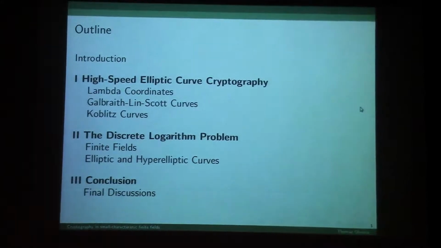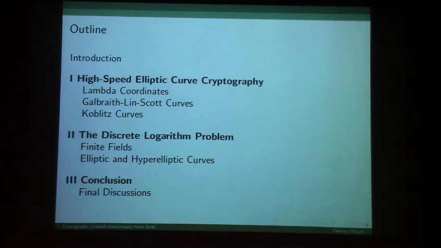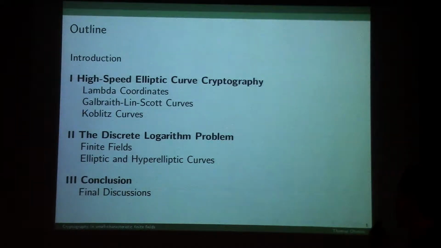Okay, so at first I will give an introduction about why we select these sub-areas, and then the first part, which is called high-speed elliptic cryptography. We are going to talk about the lambda coordinates, which is a new set of coordinates that we proposed, and with these coordinates as our foundation, we're going to implement the scalar multiplication over two different curves, Galbraith-Lin-Scott curves and Koblitz curves.